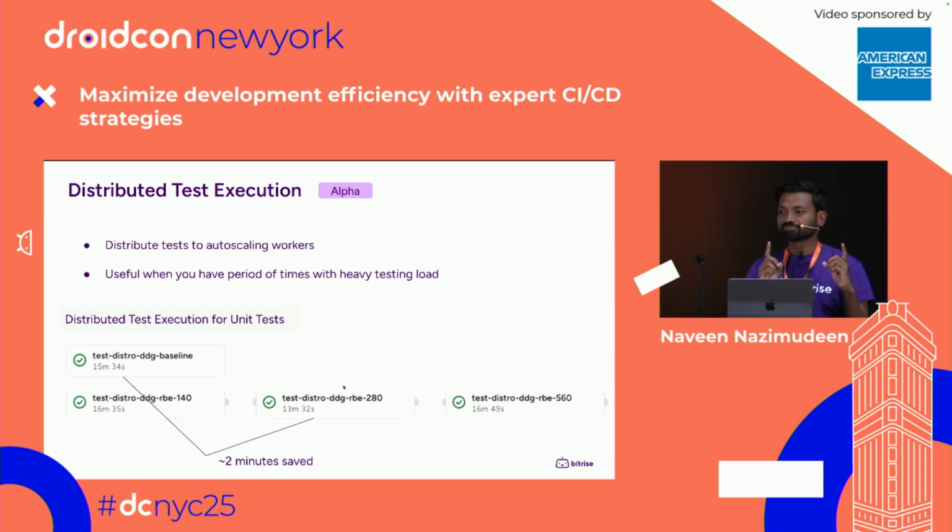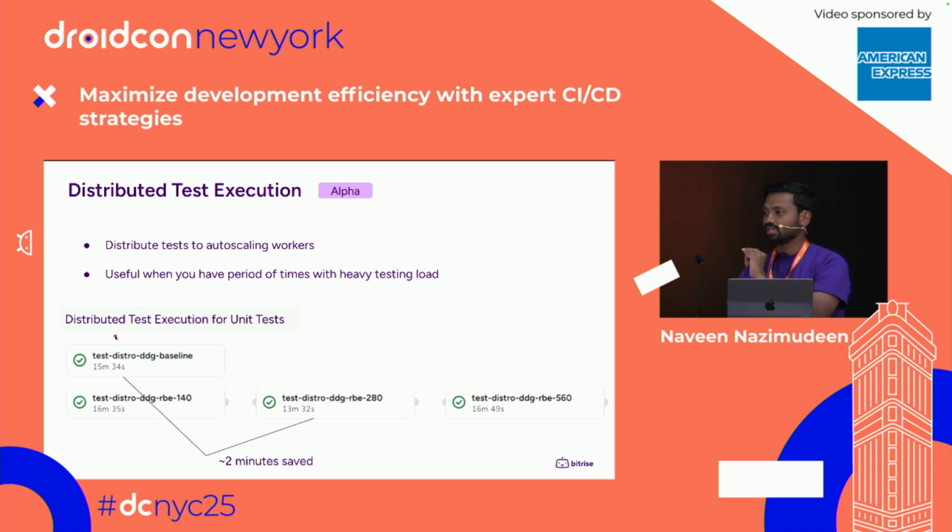gain any time with the sharding with parallel workflows, but we are working on it, and it is available too with others, called distributed test execution, where you have dedicated auto scaling workers meant for testing alone. And you can distribute tests to these auto scaling workers.